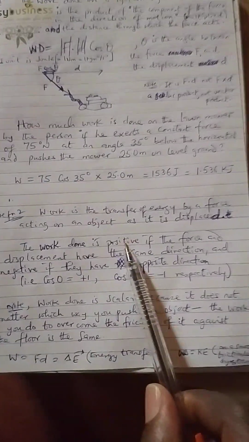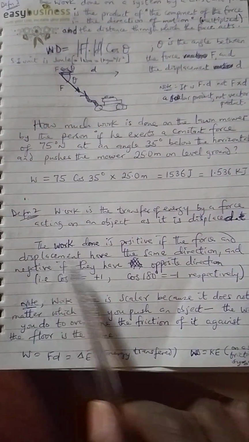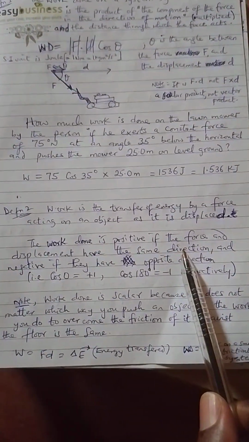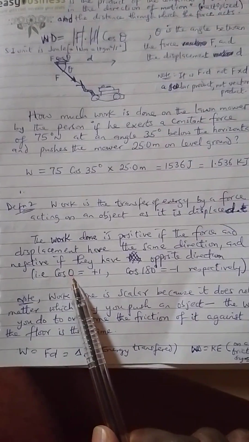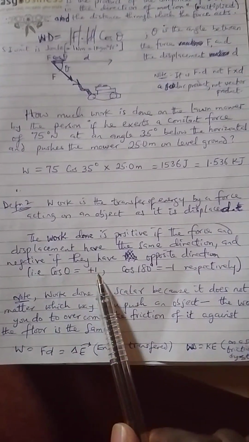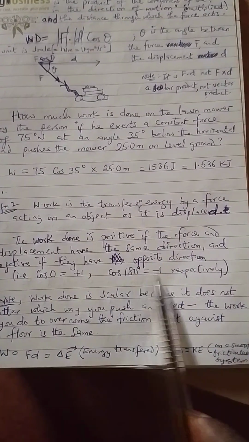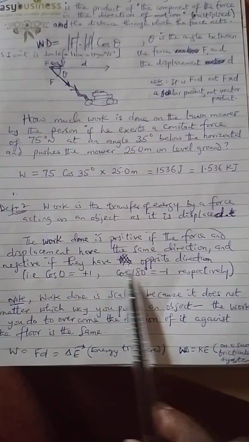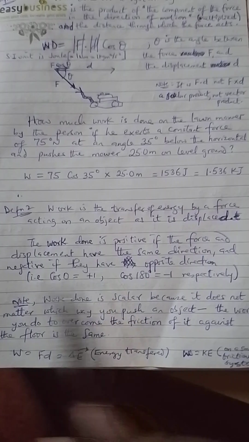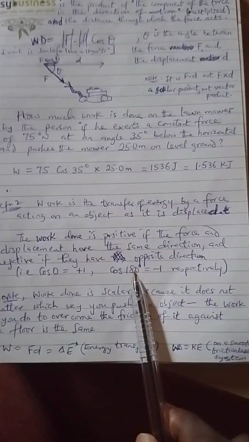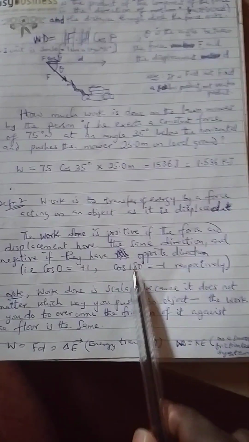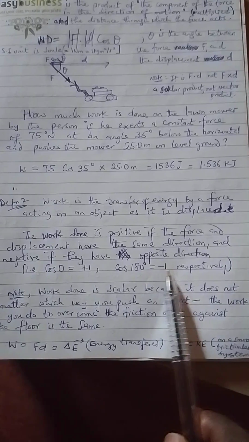The work done is positive if the force and displacement have the same direction, and negative if they have opposite direction. In the same direction, cos theta becomes cos 0, which is 1, like I said, okay? And if they are opposite, that's if the force and the direction of displacement are opposite, theta is 180 degrees, and so cos theta is minus 1.